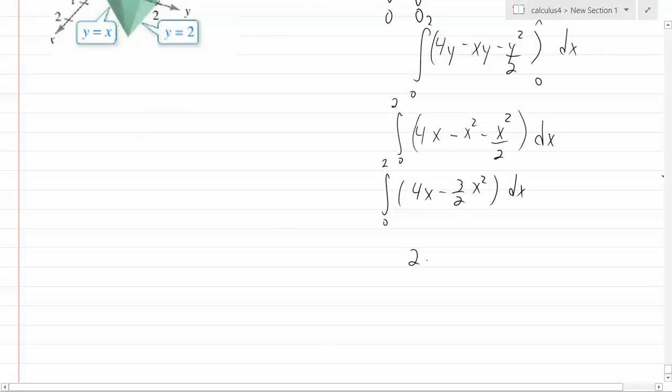So that'll be 2x squared minus, now whenever I divide by 3, that's multiplying by 1/3, that's going to make that term what? 1/2 x to the 3rd. Evaluated from 0 to 2.